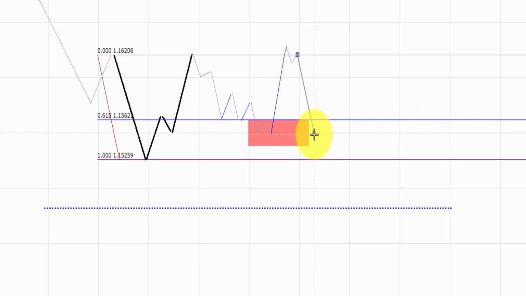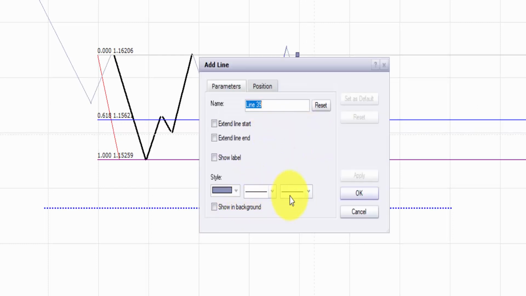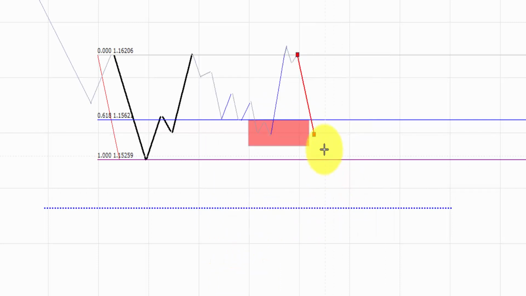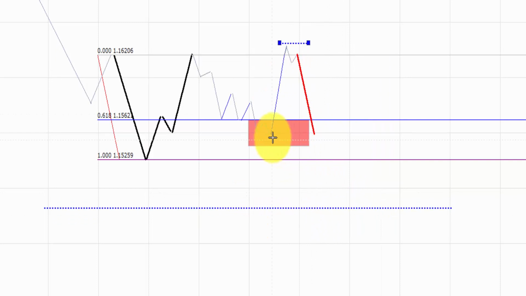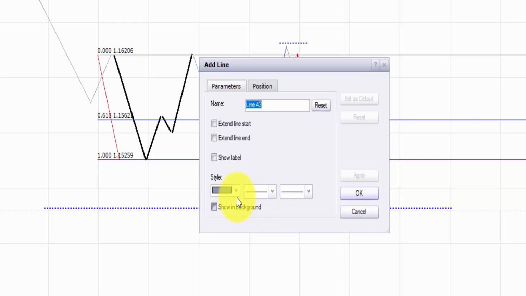First target will be what caused the uptrend. Our stop loss should be the top of the fake breakout, and our last target will be the entry for the 90%.